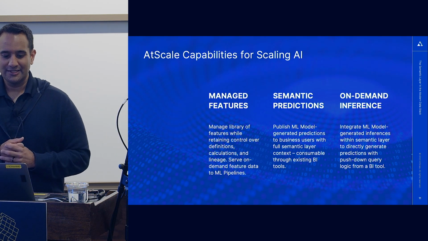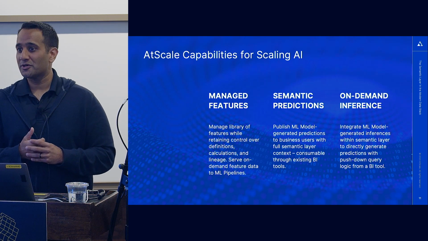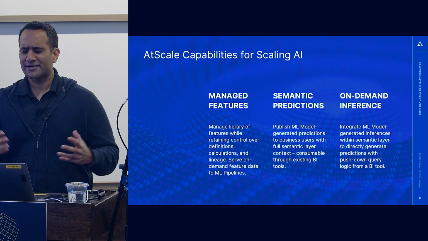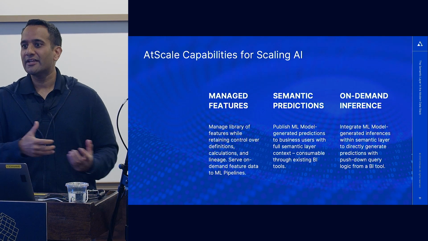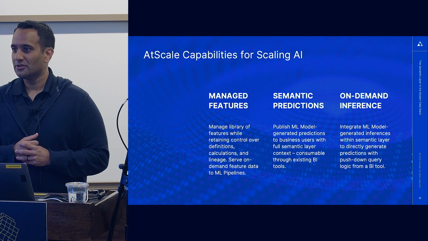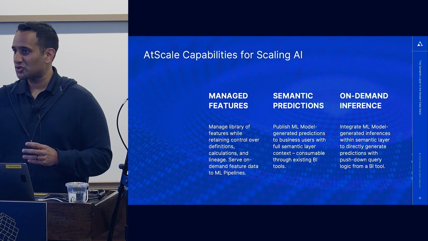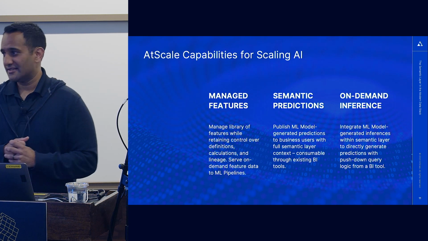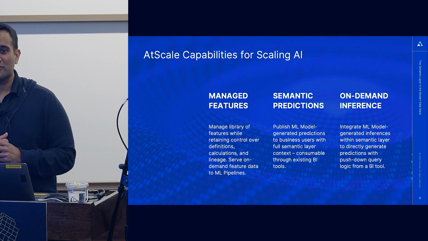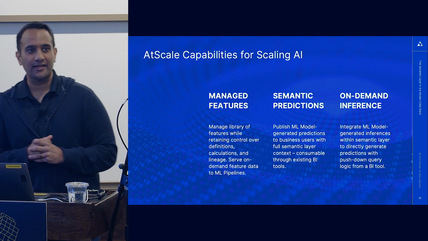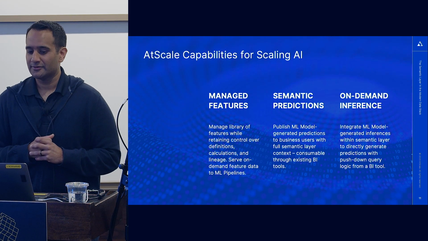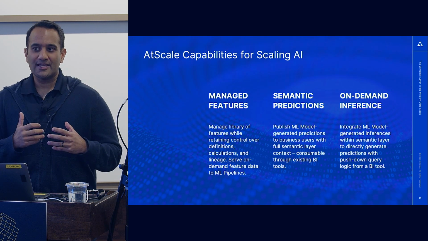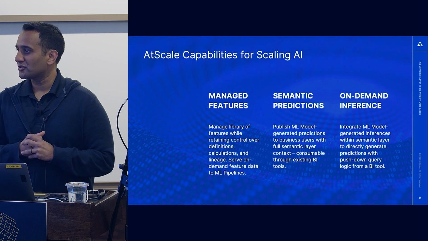But for this room, the other developer that we often talk to is the data scientist. Especially when it comes to structured, tabular, data-centric AI, you're working off of data, and you're extracting data into some tool, some data frame, in some distributed pipeline. Why move the data? Why not leave the data inside of your data warehouse, one of your most price-performant, powerful systems that was designed to do data manipulation, and use that as an input? There are different ways a data scientist can interact with our managed features capability.